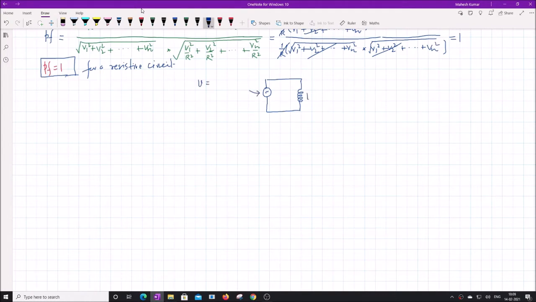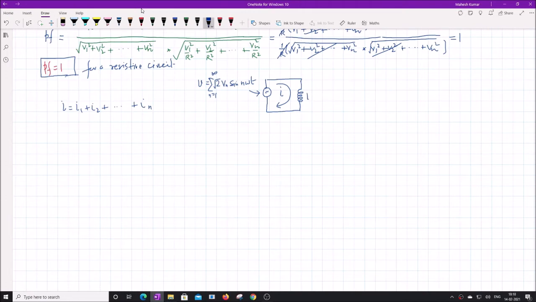So v is the sum of root 2 Vn sin(n omega t), where n varies from 1 to infinity, and therefore the current i flowing in the circuit has all the components, I1 plus I2 and so on till In. So second harmonic in voltage gives rise to second harmonic in current.